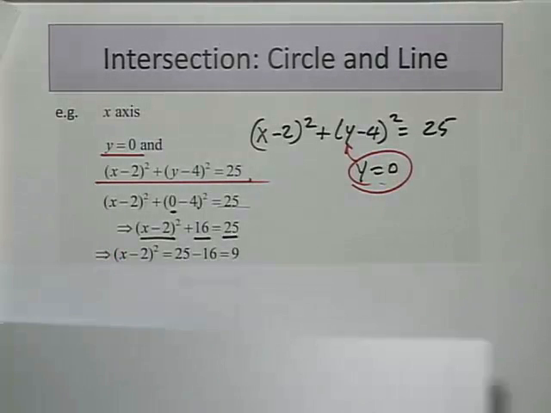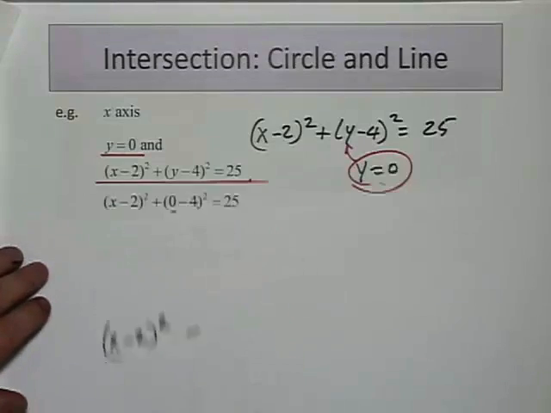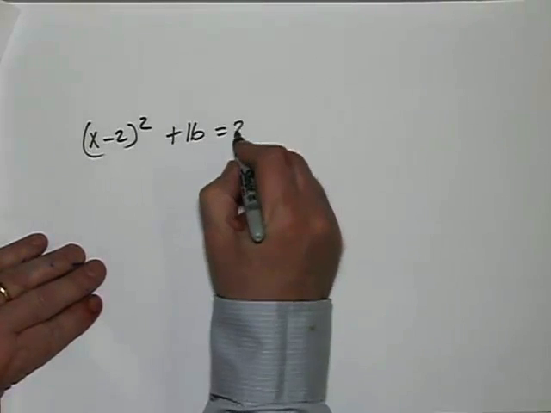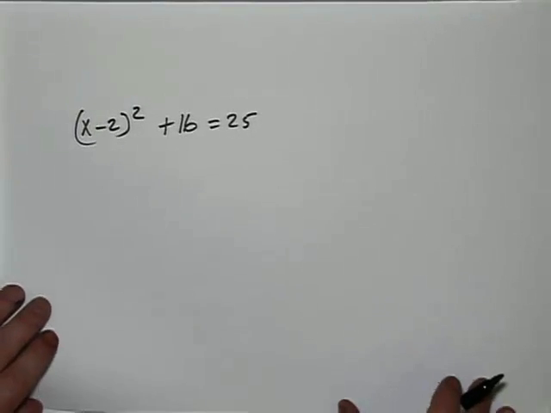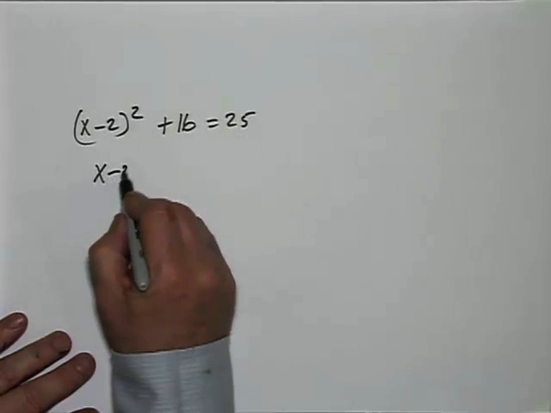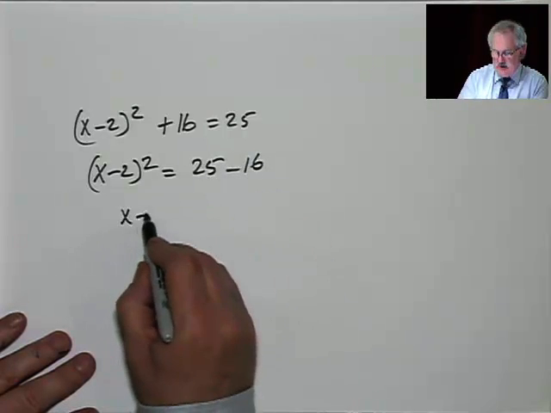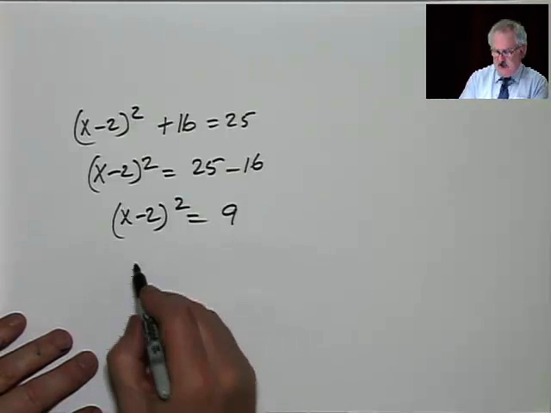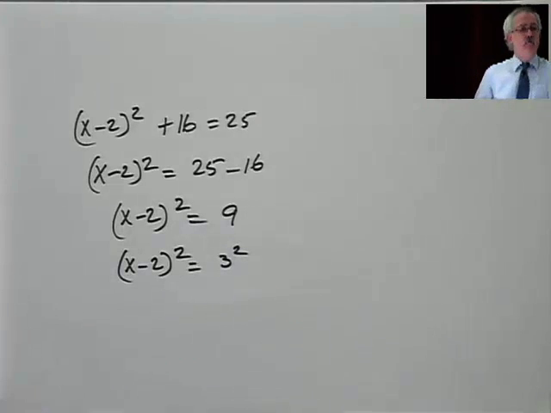So now we have x minus 2 squared plus 16 is 25. Now we can solve this in a few ways actually. One of the ways you do this is you take the 16 over and you say x minus 2 squared is equal to 25 minus 16. X minus 2 squared is 9. And if you're slick on this, you can say x minus 2 squared is 3 squared.